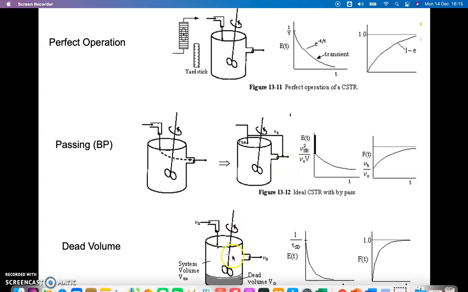On the curve you can also determine the residence time of reactors that have a dead volume condition, and from here you can know how much of the volume is stuck in the reactor. So the dead volume affects the volume of the reactor, right?